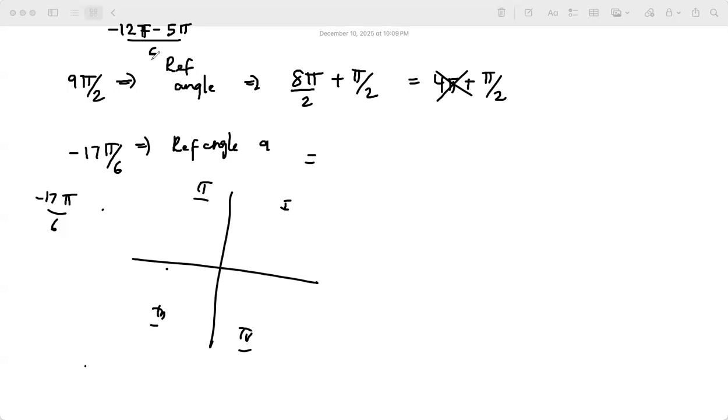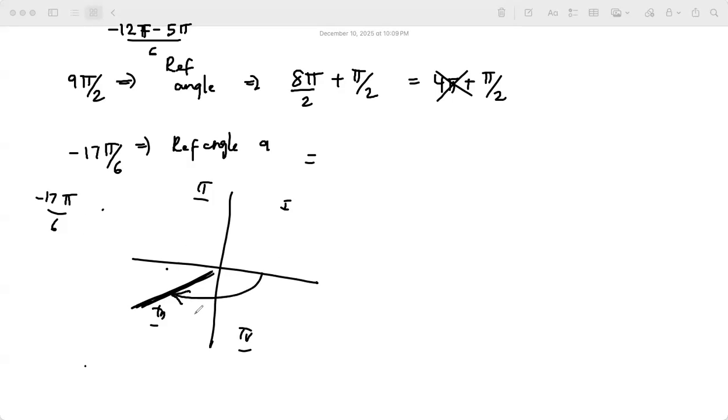Sorry, it is in the third quadrant, right? Yep, that's right. So they're asking for minus 17 pi by 6. So I went in the anti-clockwise direction.